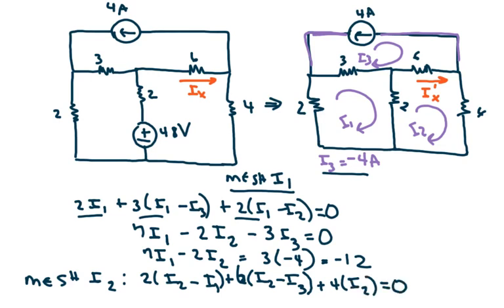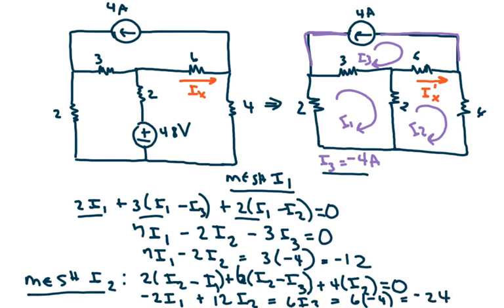Again we put our like terms together, and that will be minus 2I1 plus 12I2 equals 6I3, and that will be 6 times negative 4, which is equal to negative 24.